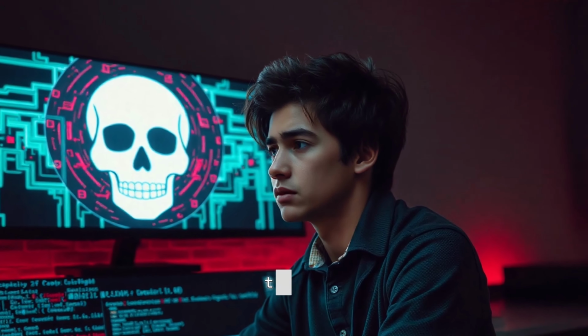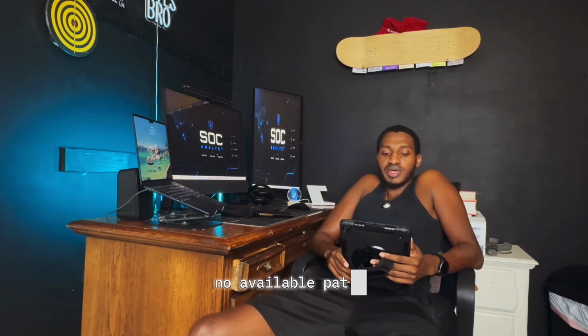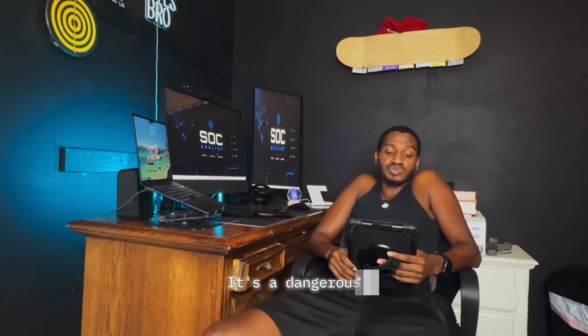What is zero-day exploit? Zero-day exploit targets a vulnerability that is unknown to the vendor and has no available patch. For example, an attacker exploits a new Windows vulnerability before Microsoft releases a fix. It's a dangerous one, right? You get hit unexpectedly.